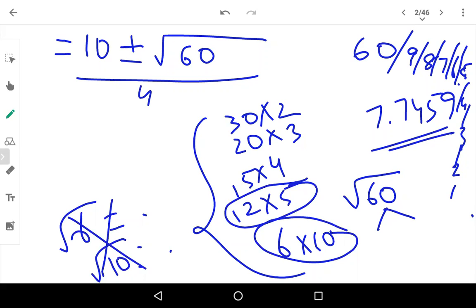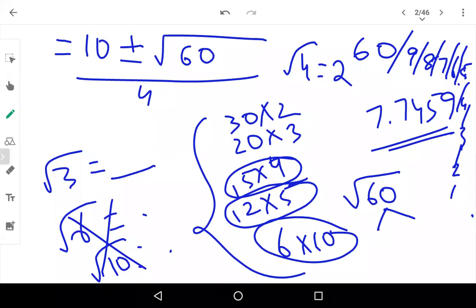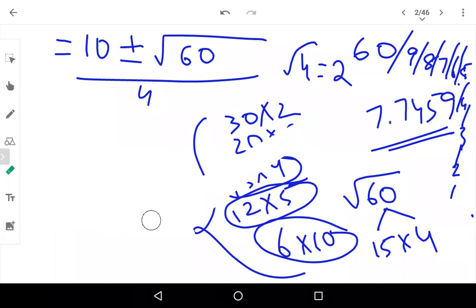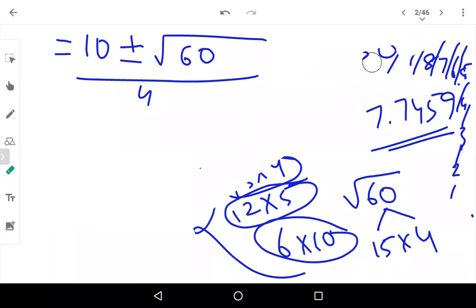When you find the square root of the numbers, you should get a whole number. Now if you consider 15 into 4, square root of 4 is 2. At least one of the numbers you get a whole number. So we will consider 15 into 4. Then I'll tell you what is to be done with that. Did you understand which factor I considered?